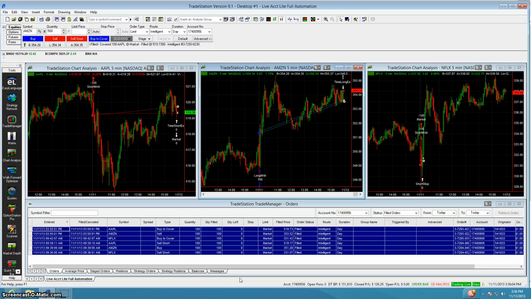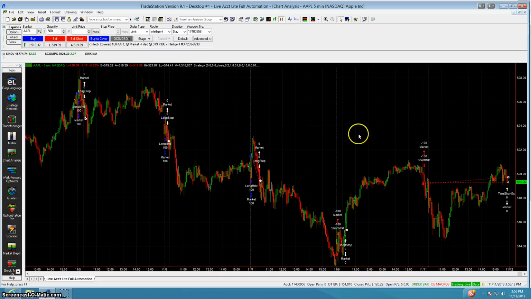As I mentioned before, one of the cool things about the TradeStation platform is your ability to backtest a strategy before you ever trade it. This is the 5-minute chart on Apple, and as you can see here, we've got a lot of lines and things as far as trades that we've taken over the last week or so.